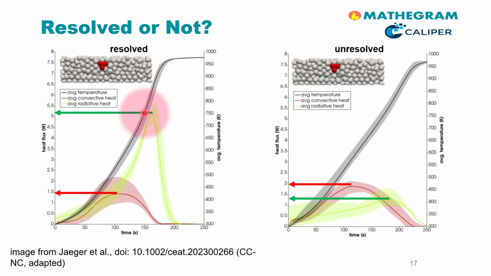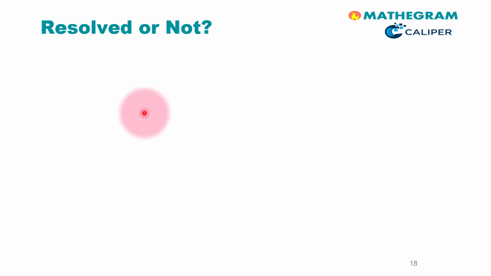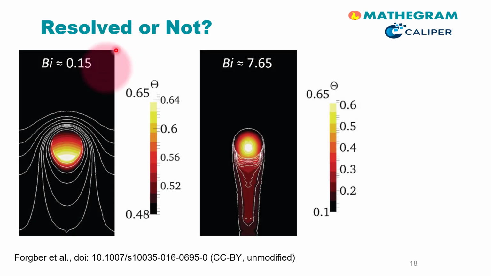Let us finish our resolved or not chapter with another heat application, the cooling of a sphere via a fluid flowing past it. The fluid will flow from the top to the bottom in what we will see, and we look at dimensionless temperature profiles.